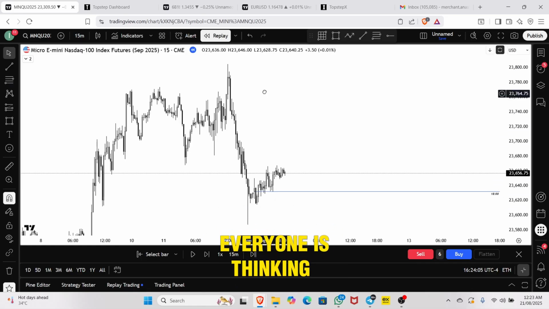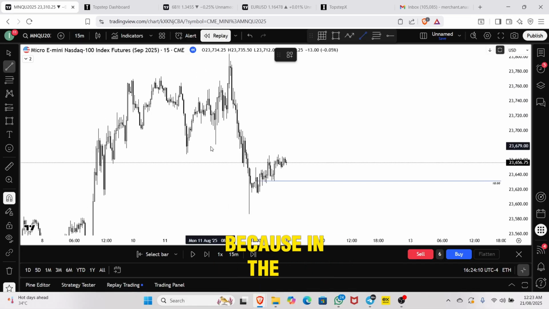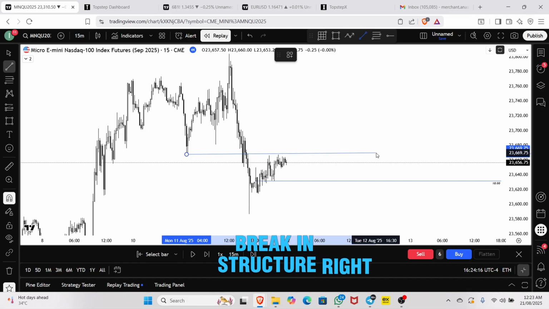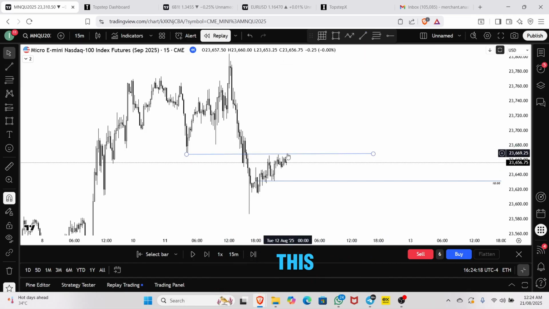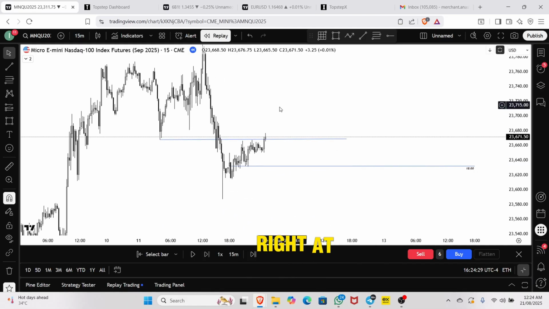Over here everyone is thinking that the market is going to go lower, because in a retail or normal mindset, people will be thinking here we go, we have a break in market structure, price is respecting this broken low which has turned into resistance, and we are just chopping around here and there. At some point they would be right, because we are trading above the opening of the day.